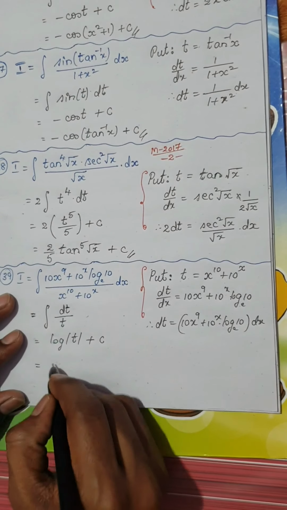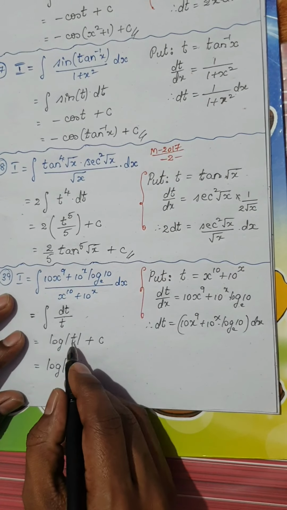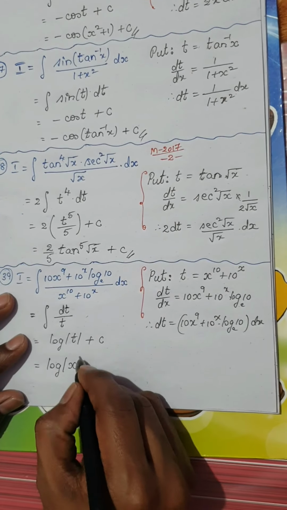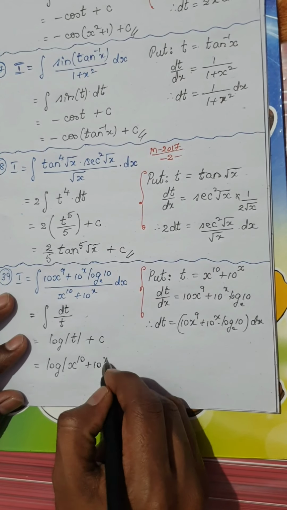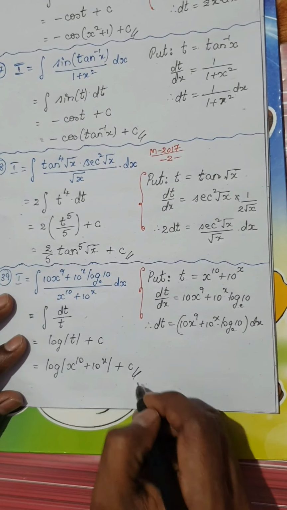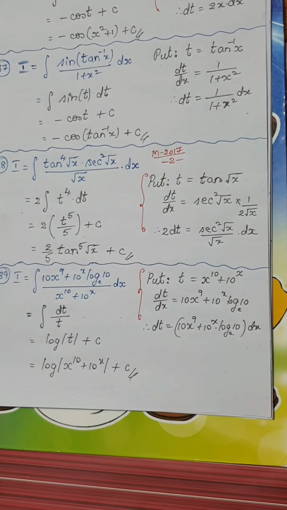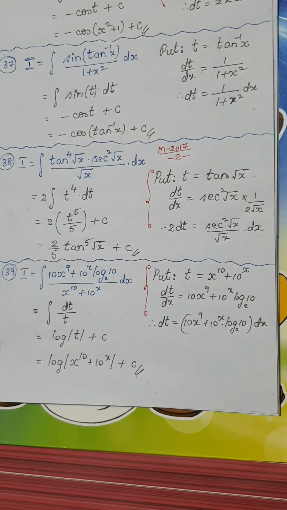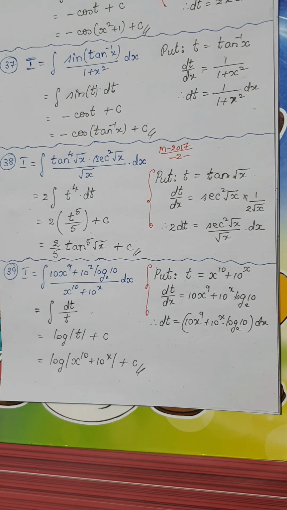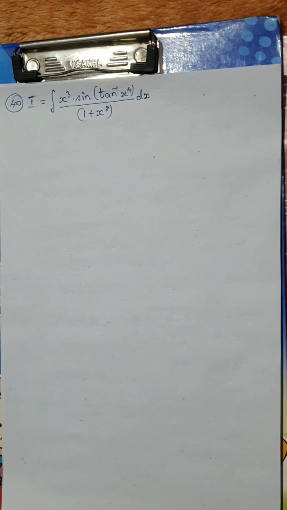So the final result would be log of mod, replace back for t, that is x power 10 plus 10 power x plus c, which is the constant of integration, and hence the final answer. Hope you understood this, and we shall move on to the next question.